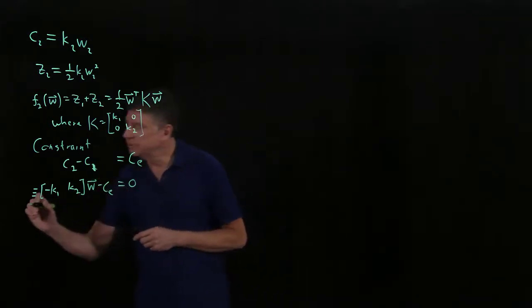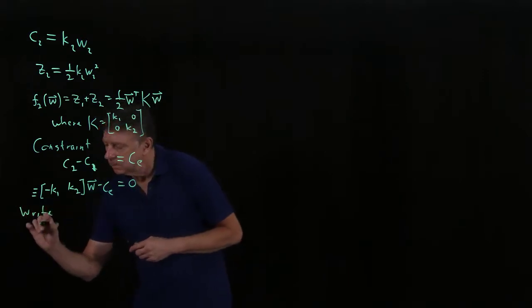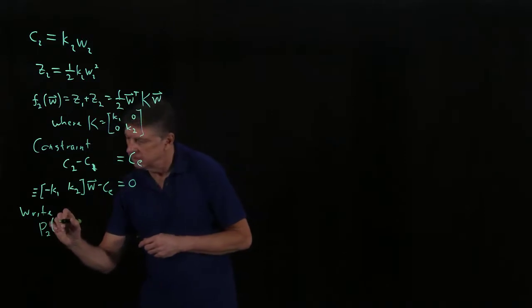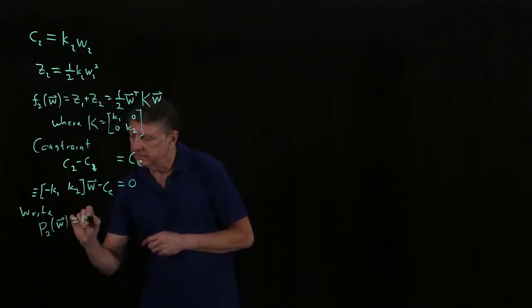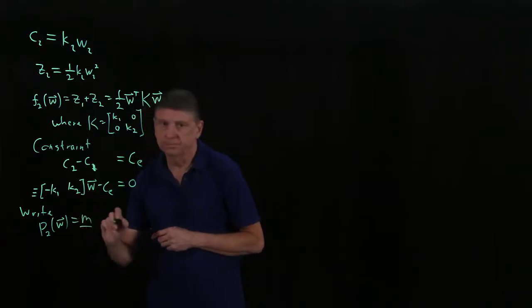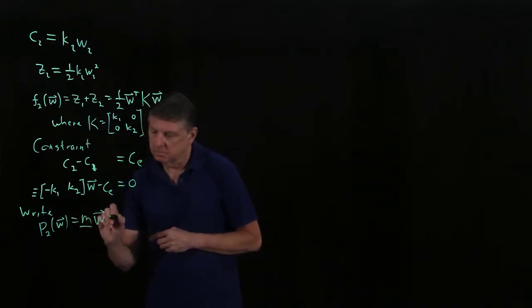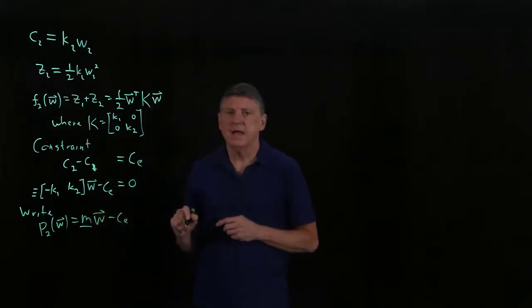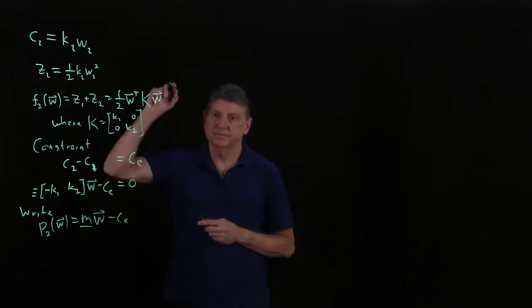So what we would do is write our constraint, let's call this our second property function of the vector argument, as a 1 form times the argument minus the external force. And now I can write the Lagrange equation.